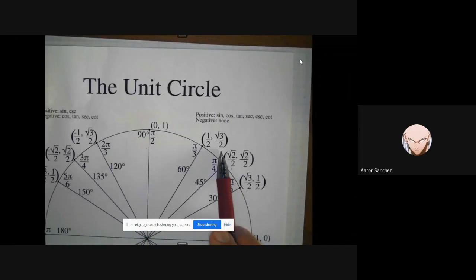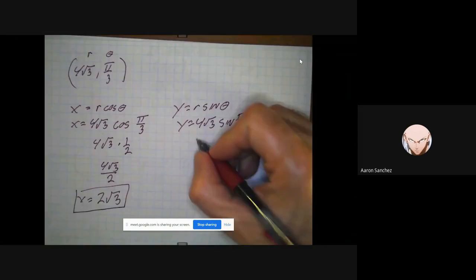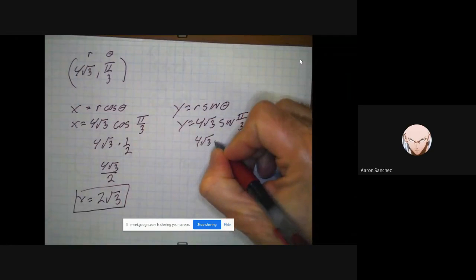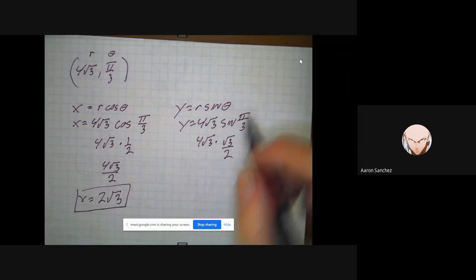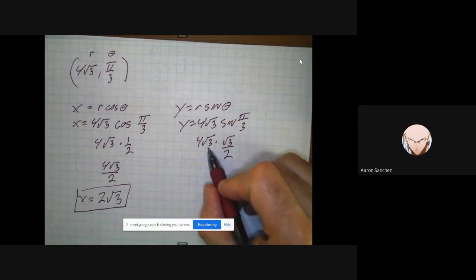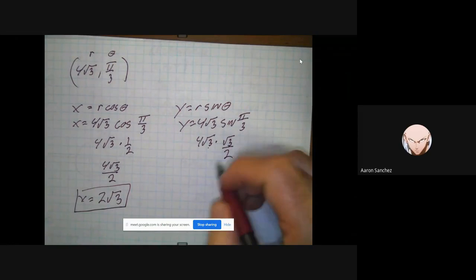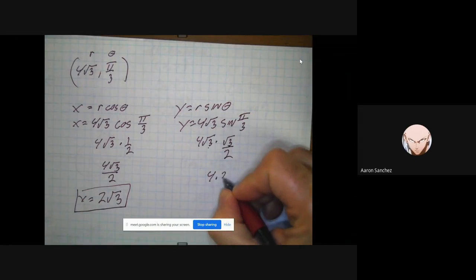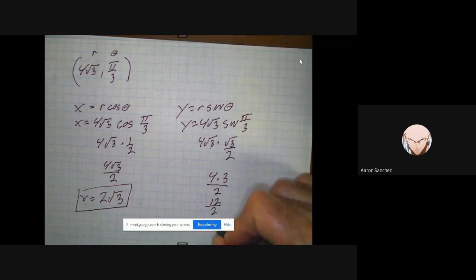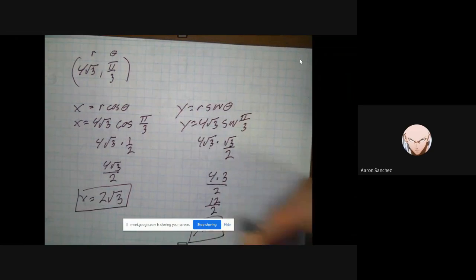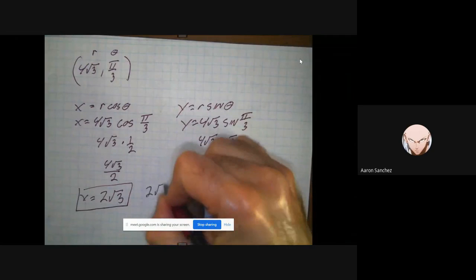So I say 4 root 3 times root 3 over 2. So let's multiply it. Root 3 times root 3 is 3. So it's 4 times 3 over 2, or 12 over 2, which is 6. So that's my y. And coordinate form, of course, is 2 root 3 comma 6.